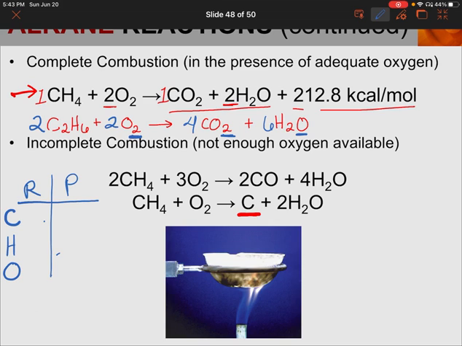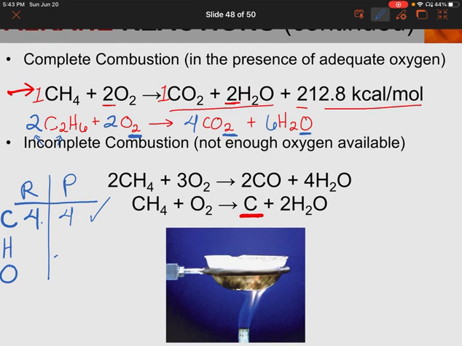All right, so we have, let's see, 2 times 2 carbons, which is 4 in the reactants. And then we have 4 carbons in the products. Check. All right, let's see, for hydrogen, we have 2 times 6 hydrogens, so that's 12. In the products, we have 6 times 2, so that's also 12.